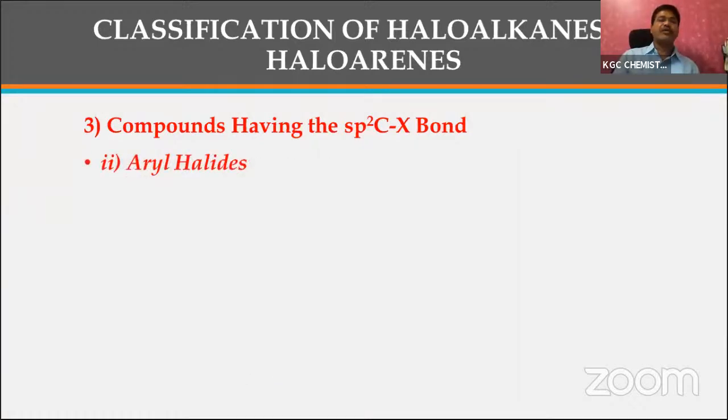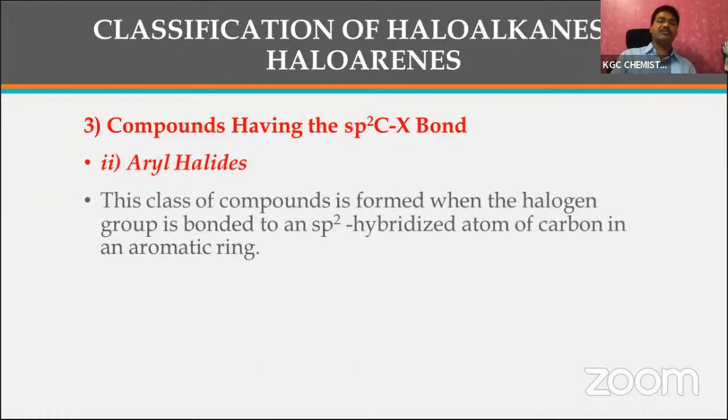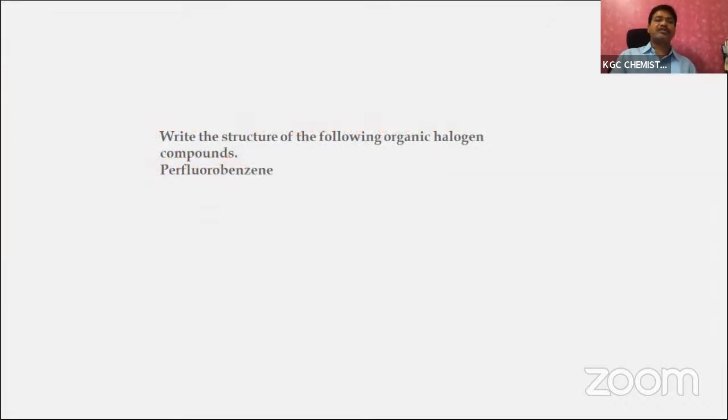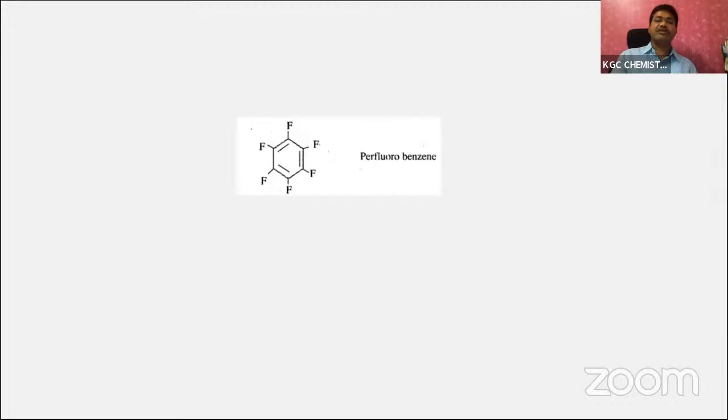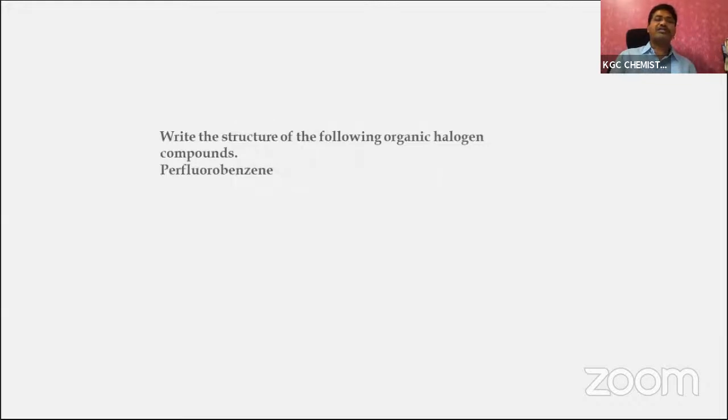Now, aryl halide. Just now I told you, this is aryl halide. Because you all know this, I'm skipping this one. See, what is the name of this compound? Write down the structure of it; you should have some rough notes with you. Perfluorobenzene.